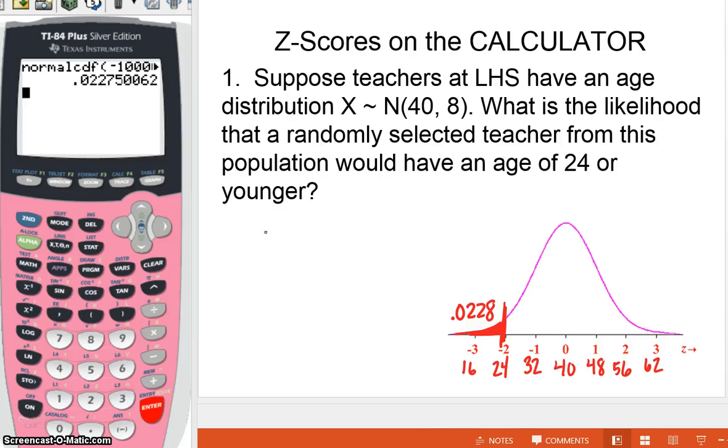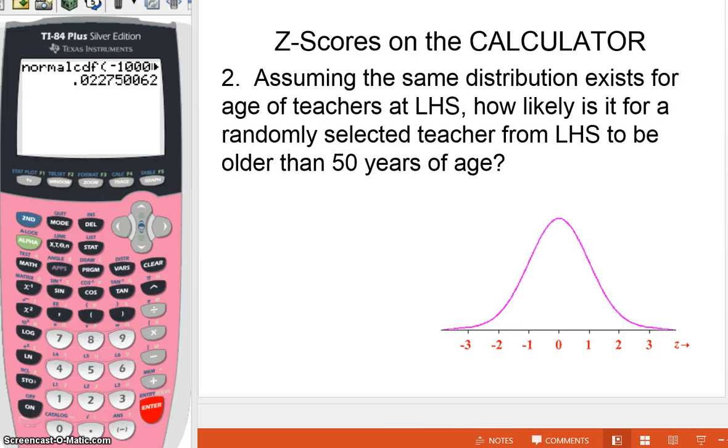So our 68, 95, 99.7% rule gives us 2.5%. This is a little bit more accurate at 2.3%, or 0.0228, depending how you round. Anyway is okay.